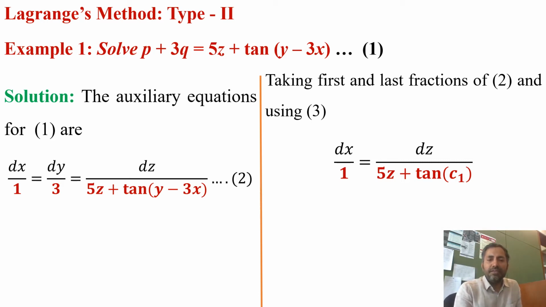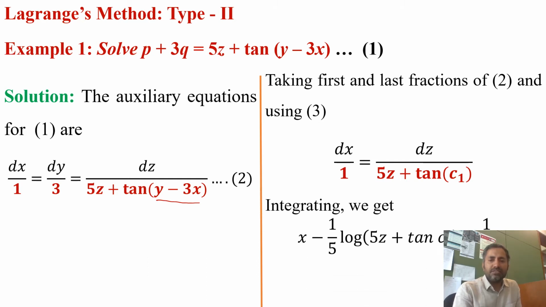Here c1 is obtained from y minus 3x, from the first solution. So by applying this, we have another equation in x and z only. Now we can integrate it. By integrating, we get x is equal to 1 by 5 log of 5z plus 10 c1.